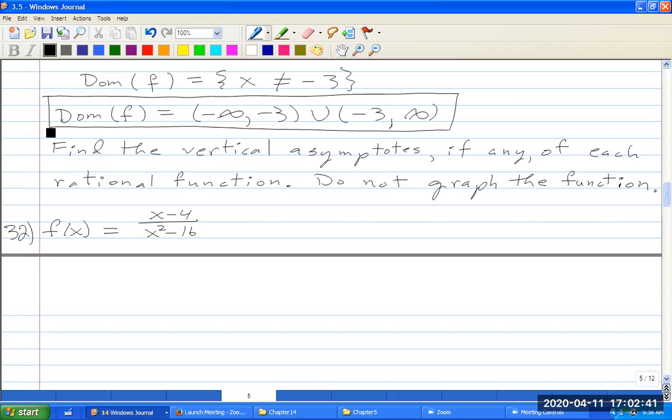Find the vertical asymptotes, if any, of each rational function. Do not graph the function.